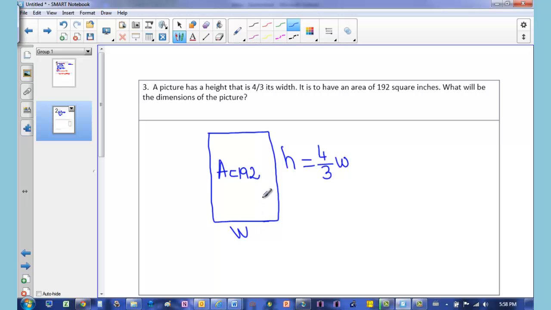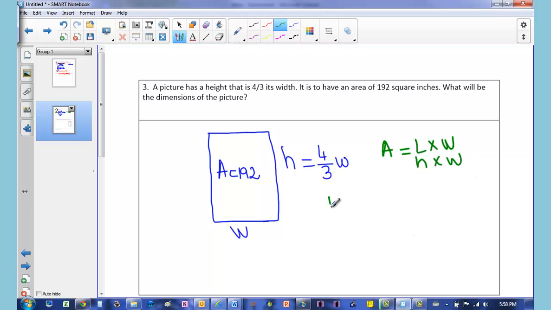192 square inches. What is the formula for the area of a rectangle? Well, I'm hoping you remember area is length times width, or height times base. Length times width, or height times width.